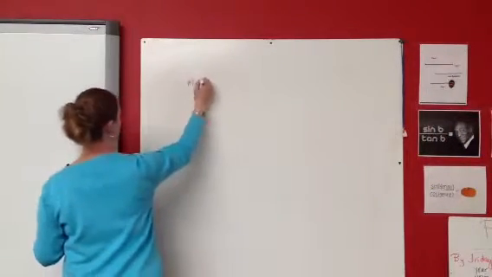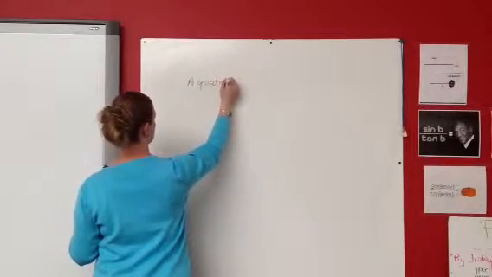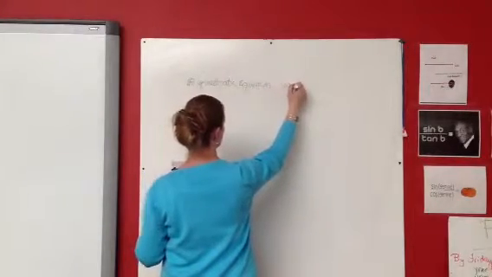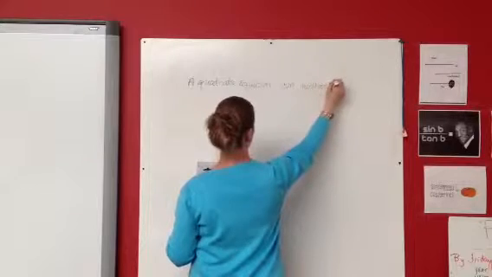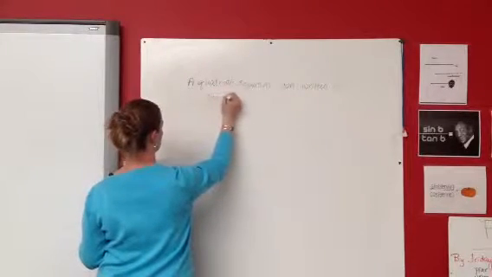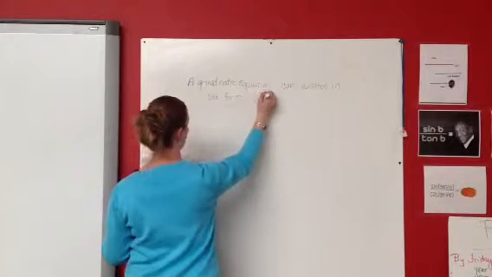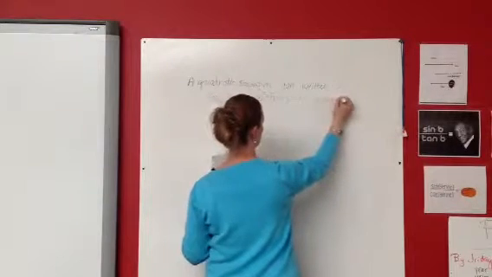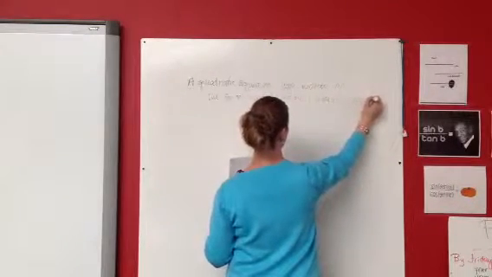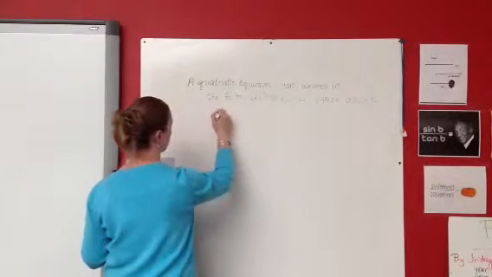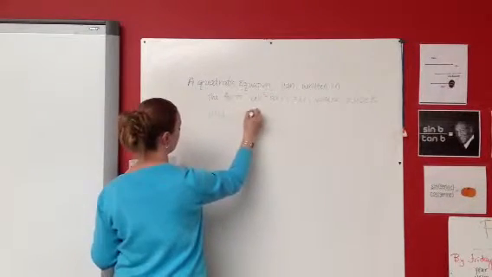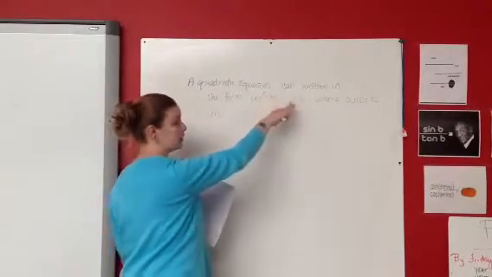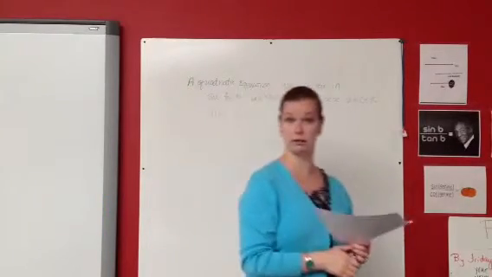A quadratic equation is an equation that can be written as ax squared plus bx plus c equals 0, where a, b, and c are real numbers, and a is not equal to 0. Because if a were 0, you would zero out the squared term, and all of a sudden you just have a linear equation, and that's not a quadratic. They're very different.